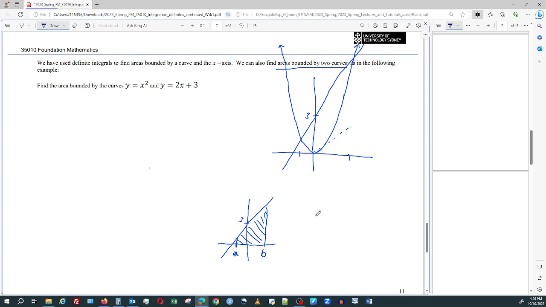The next thing we'll have is the equivalent area between A and B underneath the quadratic. It too will have an area under the curve.